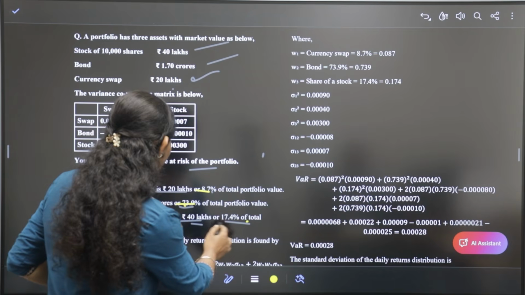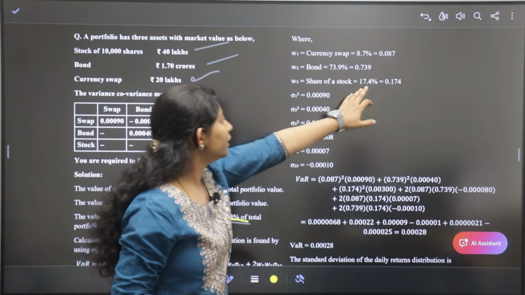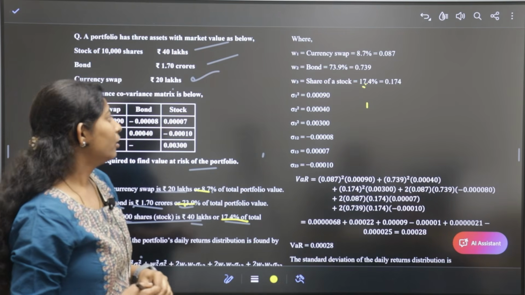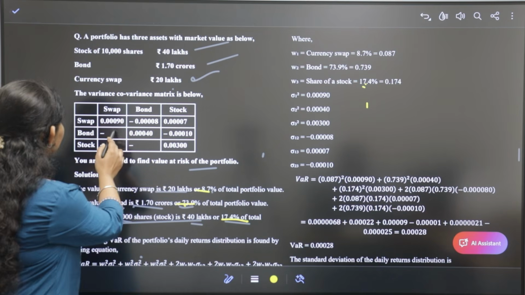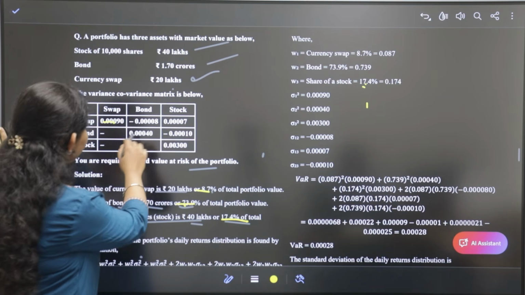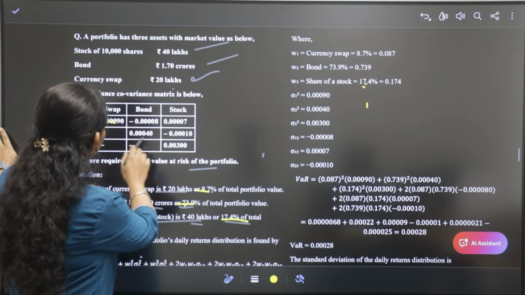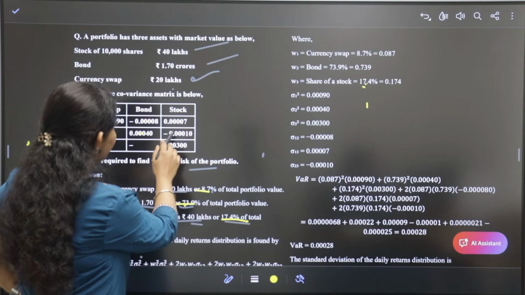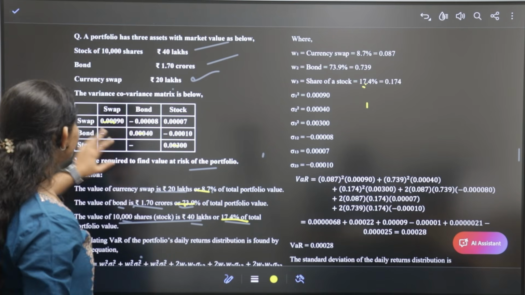So this is the value of your stock, 17.4, and if you divide 17.4 by 100, you will get 0.17. Next, standard deviation 1 is 0.0900, standard deviation 2 is 0.0040, and standard deviation 3 is 0.0030. Next, standard deviation 12, the covariance with the bond, is minus 0.0408.